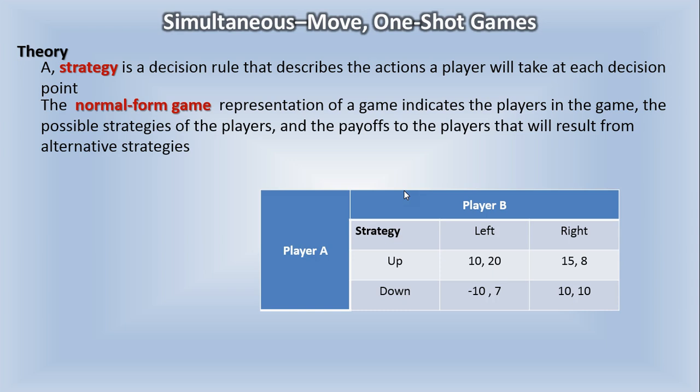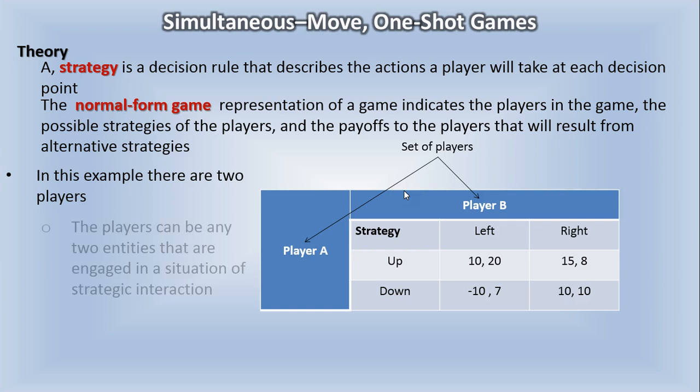So the normal form game representation indicates the players in the game, so you have player 1 and player 2, the possible strategies of the players, and the payoffs to the players that will result from alternative strategies. In this example, there's 2 players. Generally, player 1 will be represented on the column, and then player 2 will be represented on the row here.